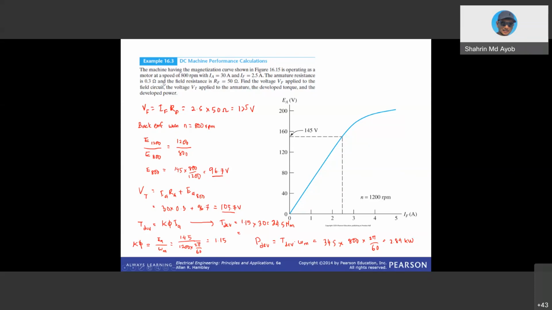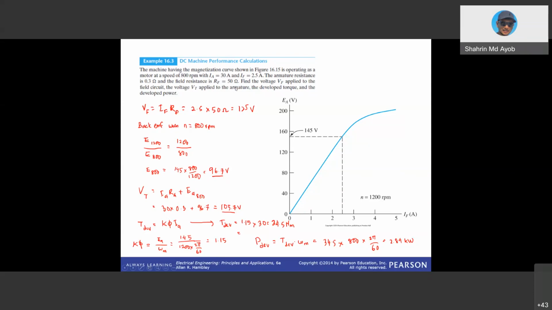The armature resistance is 0.3 and the field resistance is 50 ohm. Find the voltage VF applied to the field circuit and the terminal voltage applied to the armature circuit.